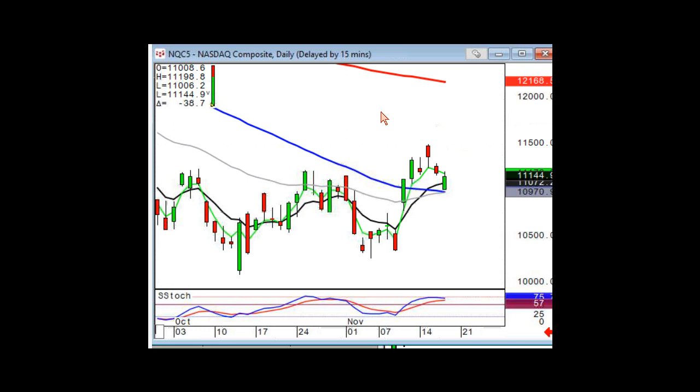You've got brokerage firms that are upgrading or downgrading the stocks. You've got political crapola going on all the time. You've got interest rate fears. You've got rockets being sent into foreign countries.